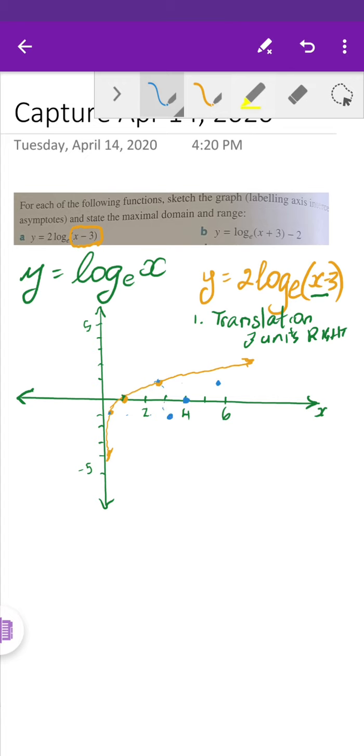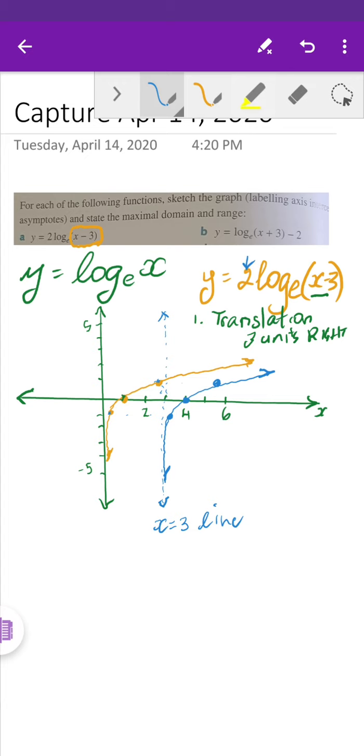And the vertical asymptote will also move 3 units to the right, and that's the x equals 3 line. Alright, and if we sketch these points here, alright.